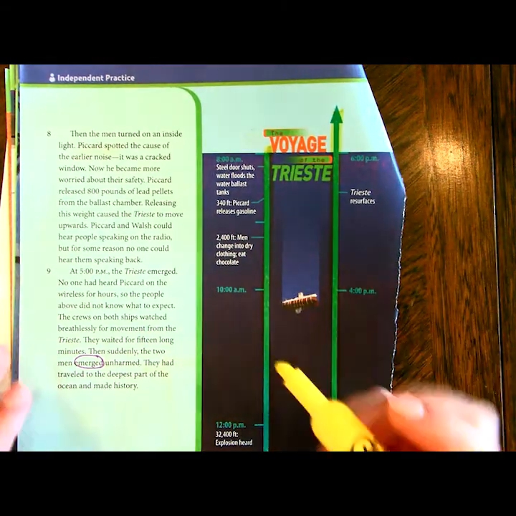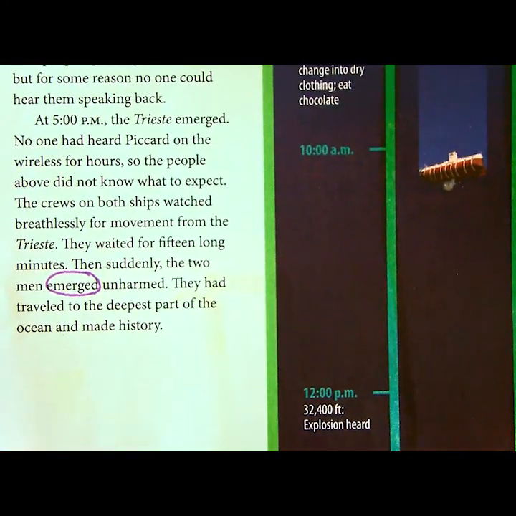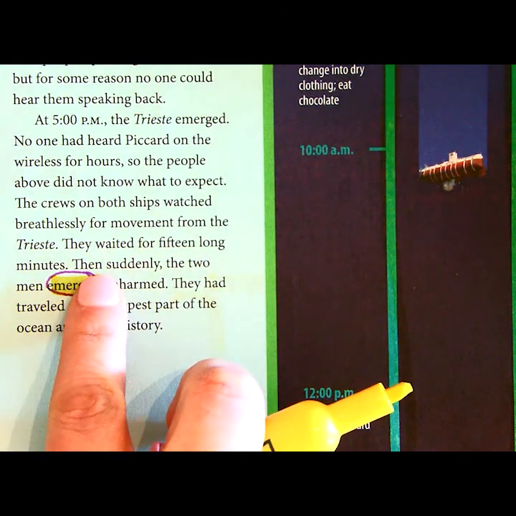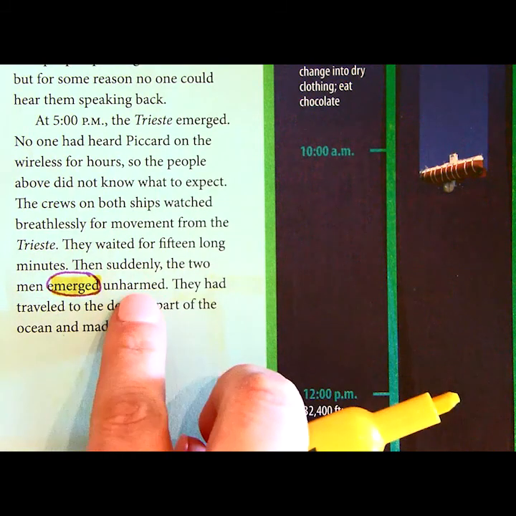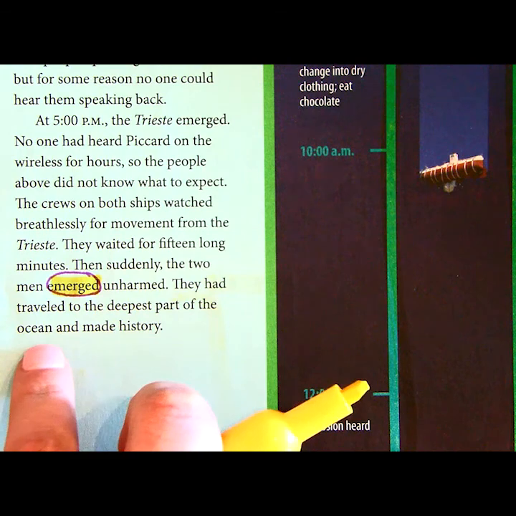But there's one word that I want to point out. Emerged. When I look at this sentence, again, I'm going to use some context clues. Then suddenly the two men emerged unharmed. They had traveled to the deepest part of the ocean and made history.